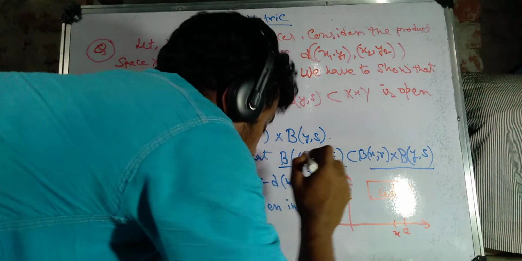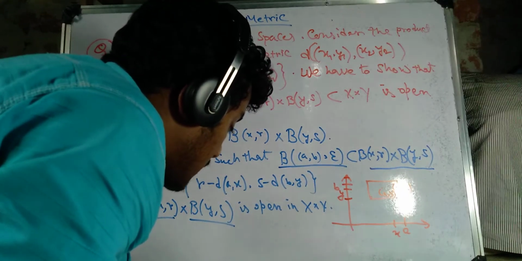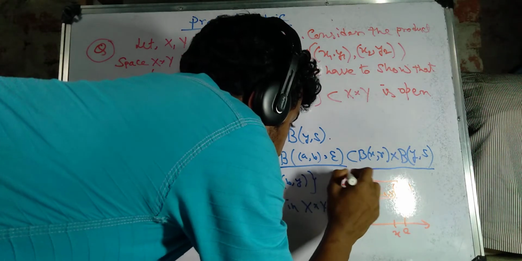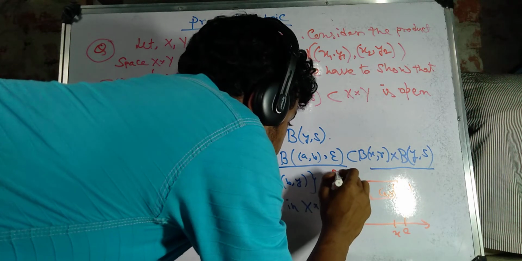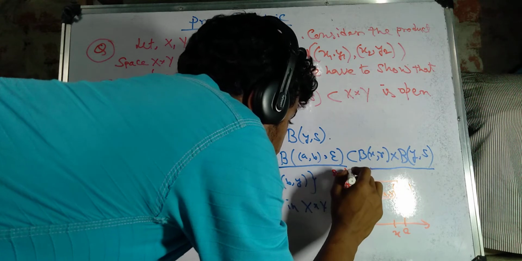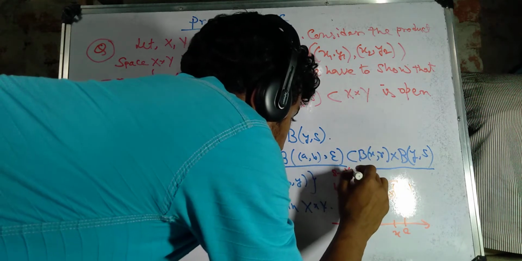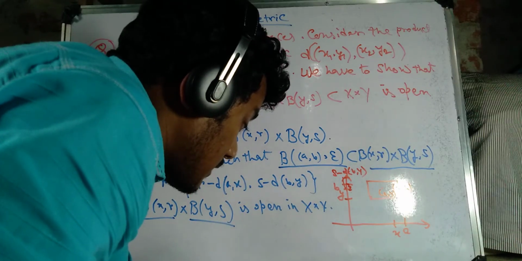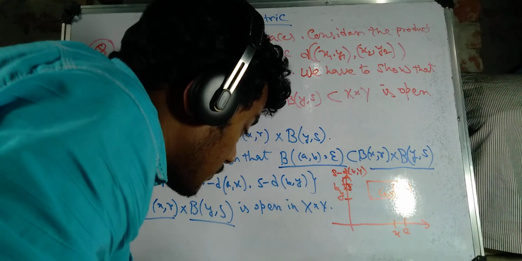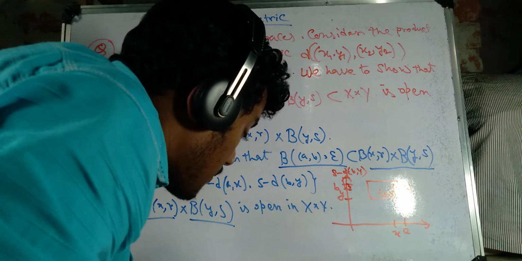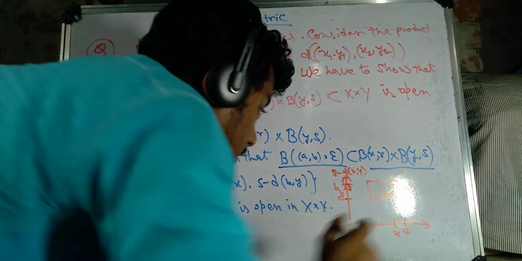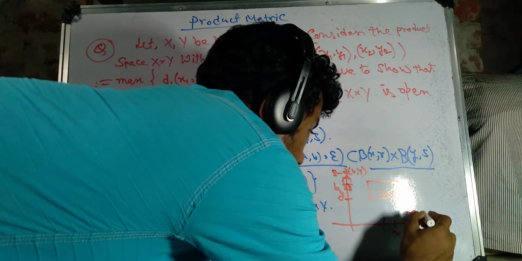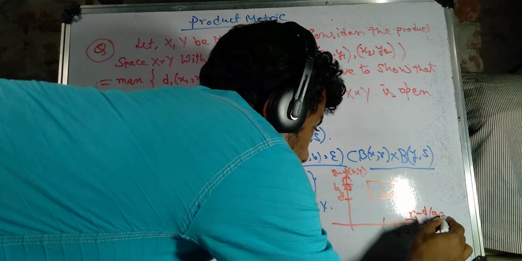This distance is s minus d(b, y), and here obviously epsilon equals the minimum of r minus d(a, x) and s minus d(b, y).